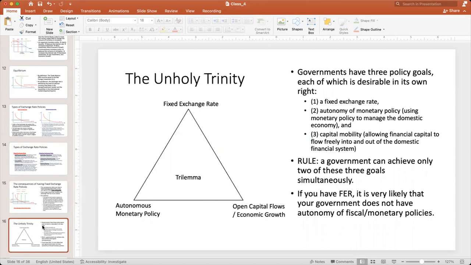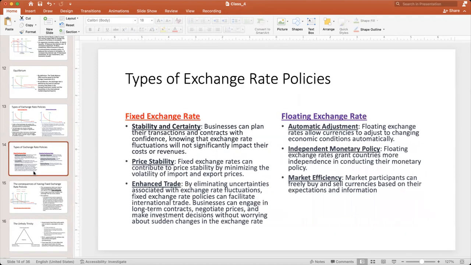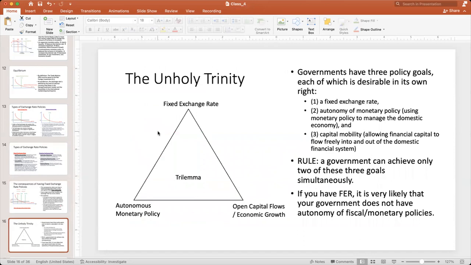Basically, governments could have three policy goals. They want to have a fixed exchange rate. Why? Because that creates stability and certainty, price stability, and enhanced trade.